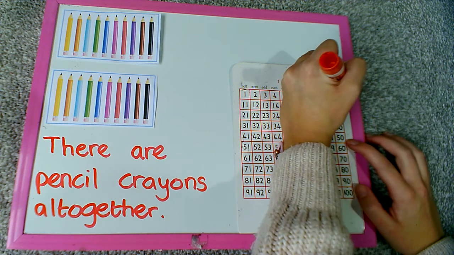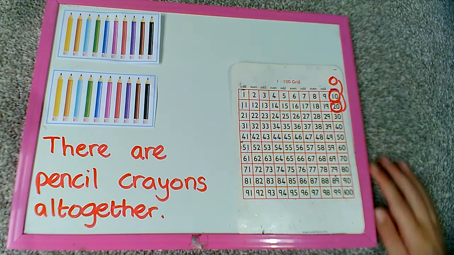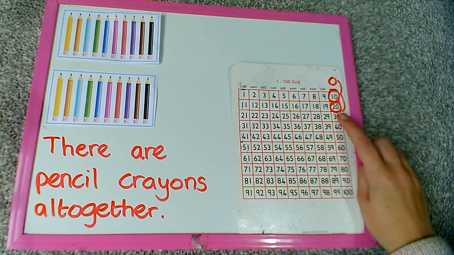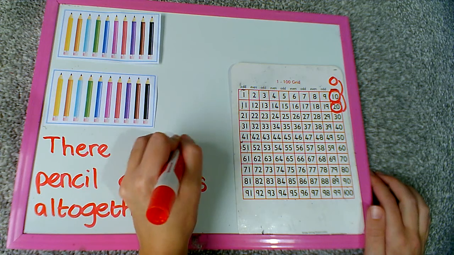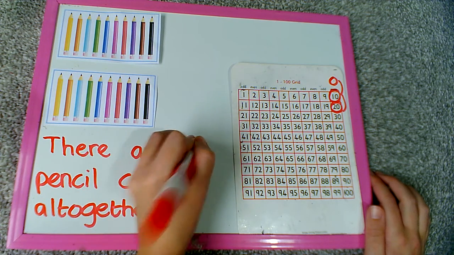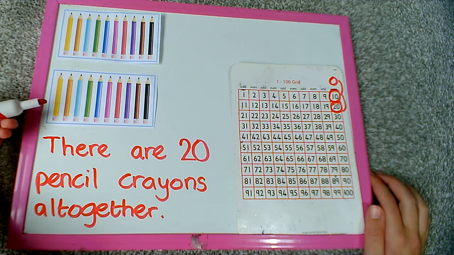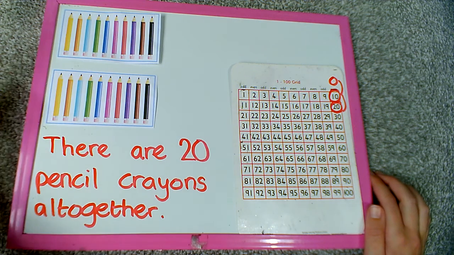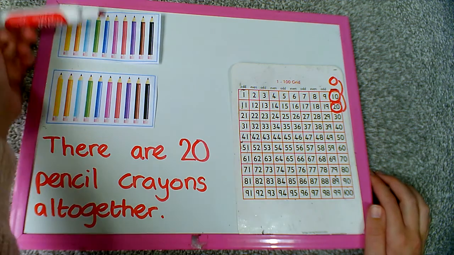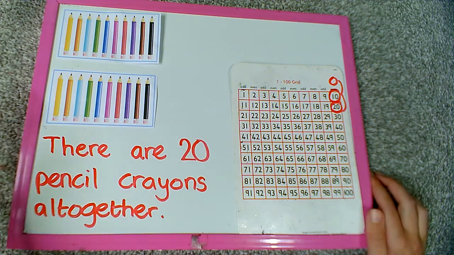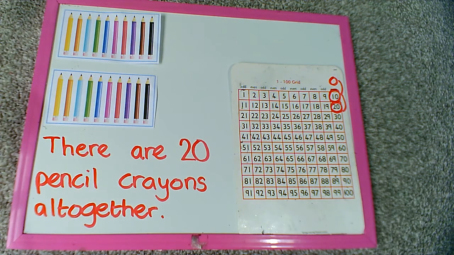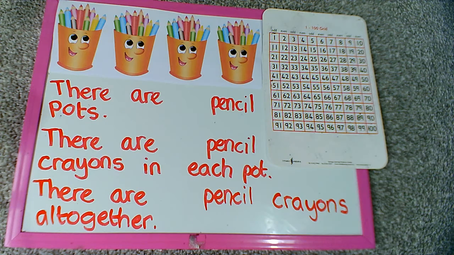So we've made our 2 steps of 10, so there are 20 pencil crayons all together, because there are 10 in each set, and if we started on 0 and went up by 10 each time, 0, 10, 20, there are 20 pencil crayons all together.